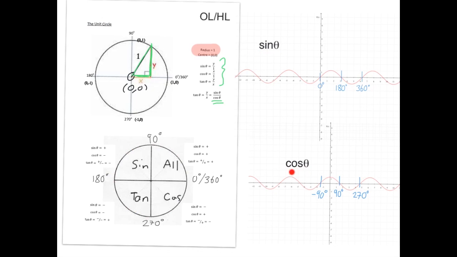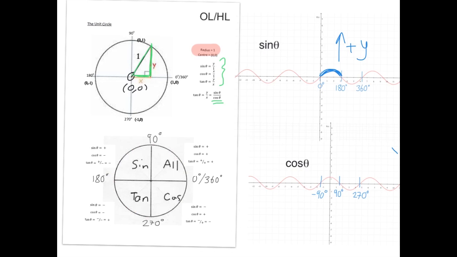If we look at our sine theta graph, we can see that between 0 degrees and 180 degrees, the graph of sine theta is above the x-axis. So in this area here, sine is positive. It's up here in the plus on our y-axis.